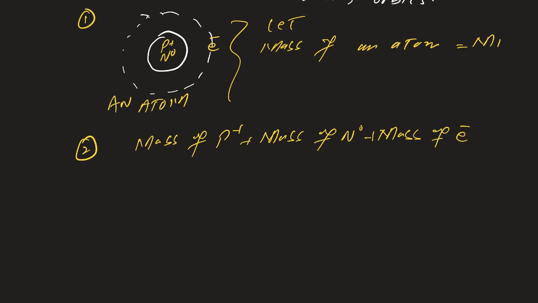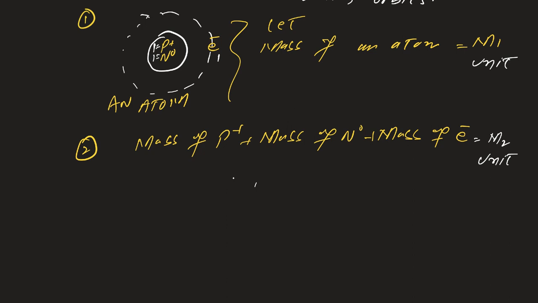In this case, this particular atom consists of one proton, one neutron, and one electron. So the mass of the individual particles is, for example, m2. We can write here the unit, m1 unit and m2 unit.